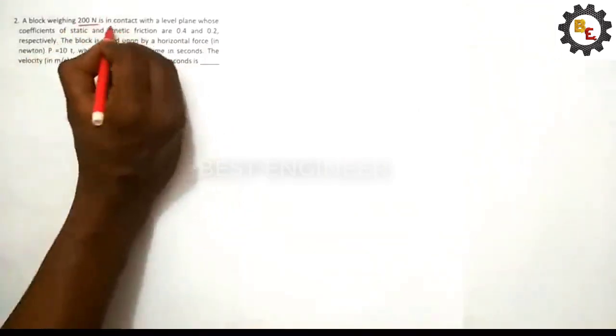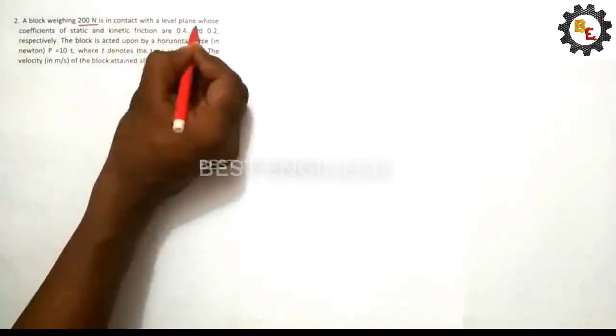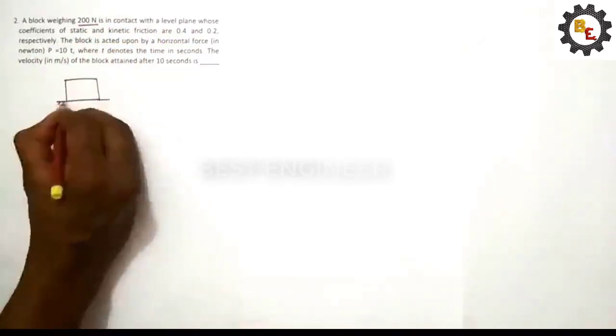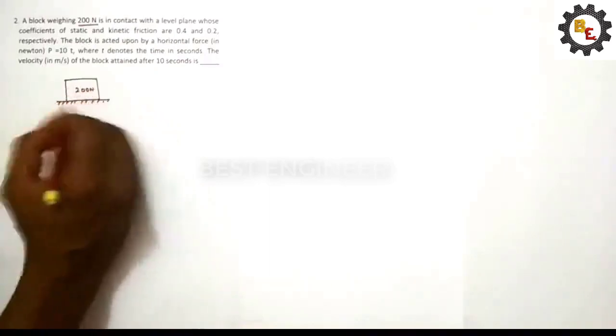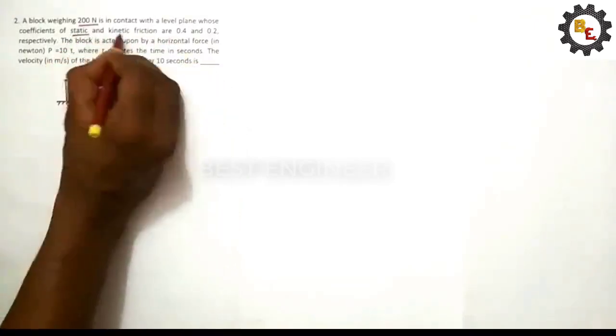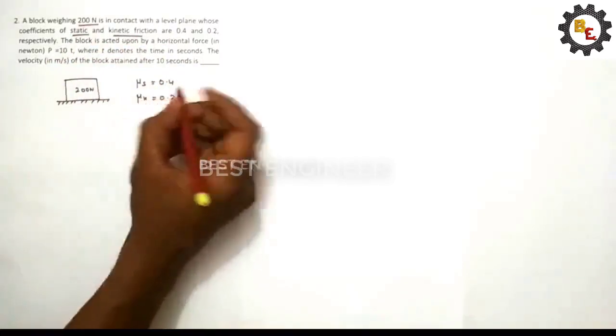A block of weight 200 Newton is in contact with a level plane. This is the block, weight 200 Newton, contacting the level plane. The static friction coefficient is 0.4 and the kinetic friction coefficient is 0.2 respectively.